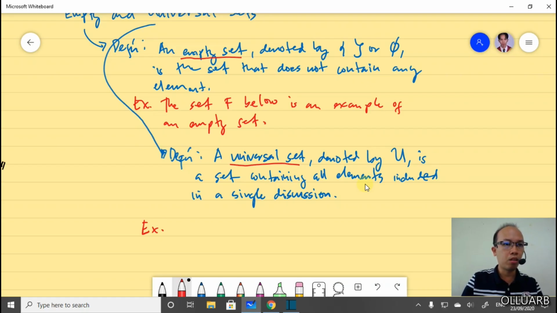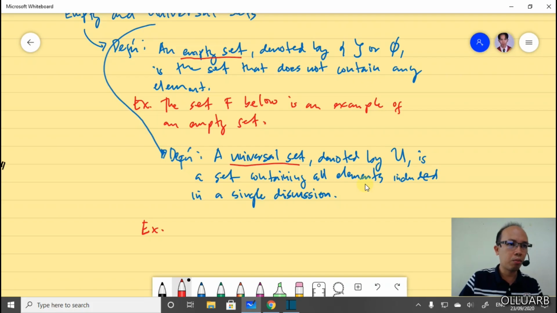It's because the term universal is something like all the elements in a single discussion. All the elements of the sets A, B, C, and so on and so forth are elements of the universal set.